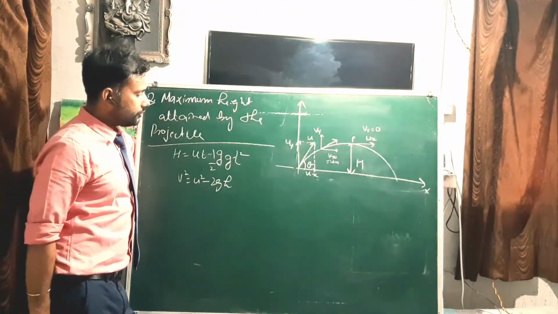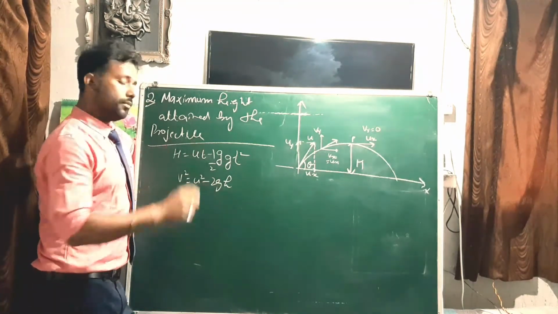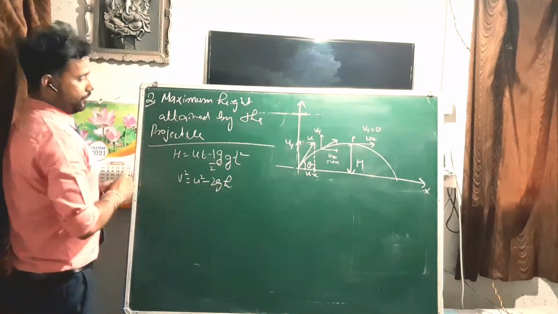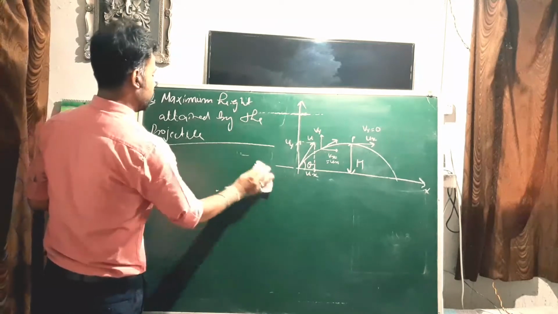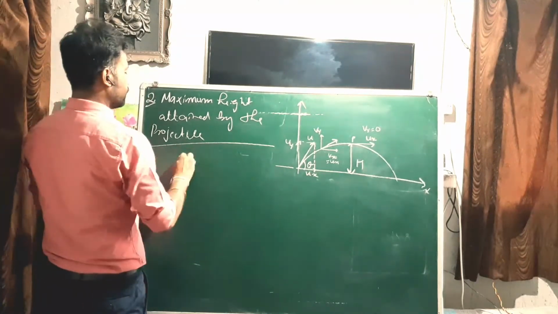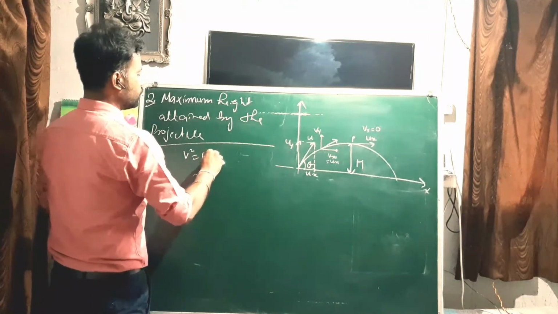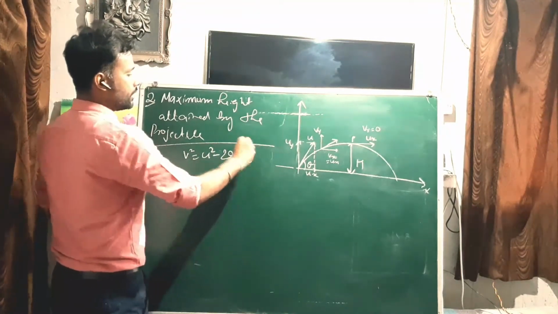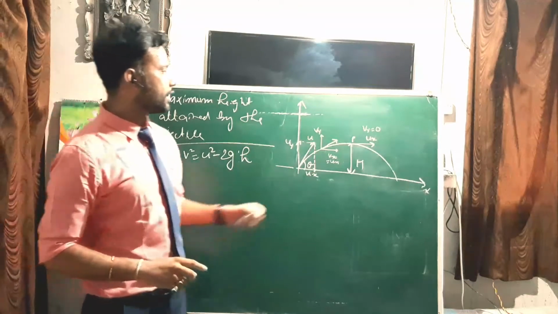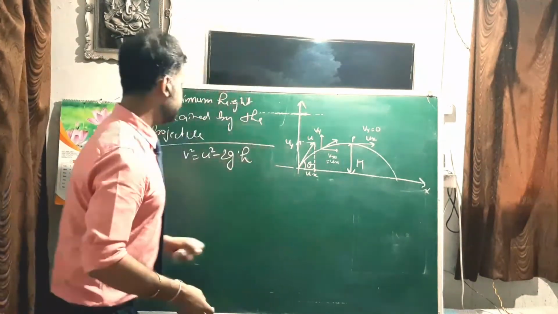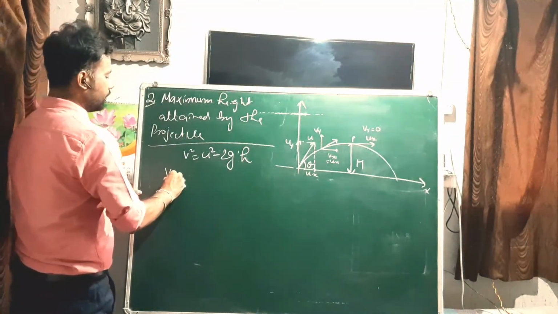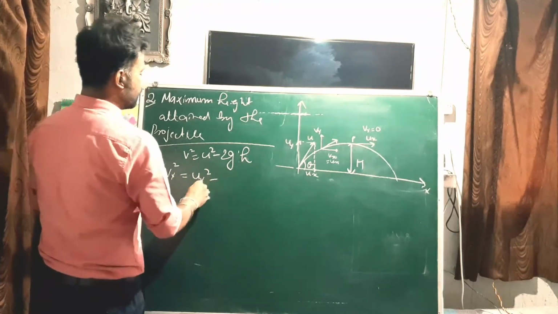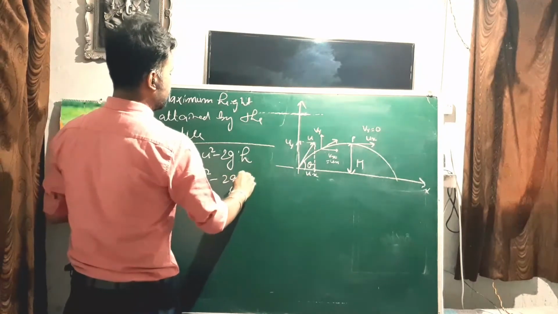This formula will be beneficial here, because in this we don't want time. So let's use the third equation: v square equals u square minus 2gh, right? What is the velocity at the highest point? That is 0. So we have vy square equals uy square minus 2gh.